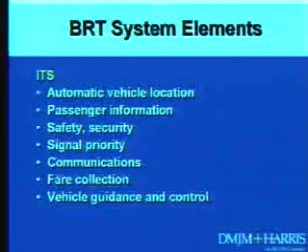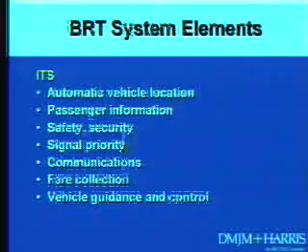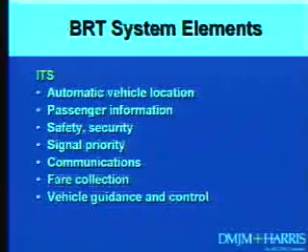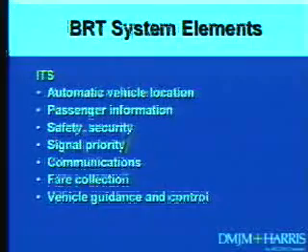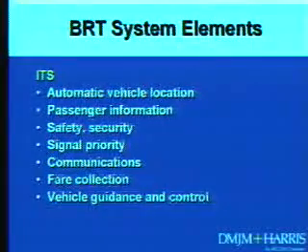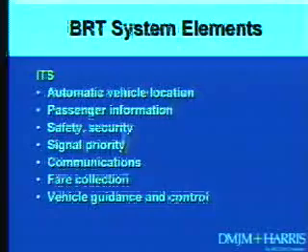The transit company knows where the buses are, but we don't want to tell anybody standing at a bus stop waiting for one. Passenger information derived from the vehicle location. Safety and security aspects of ITS and surveillance and things like that. Signal priority at the stops and intersections. Communication systems. ITS related to fare collection, like we said, the smart cards.